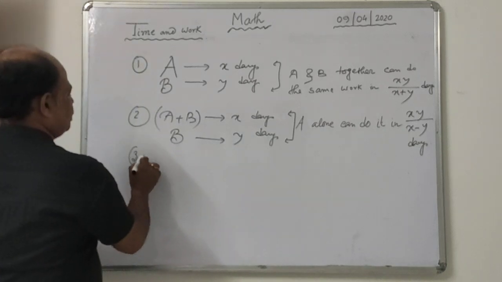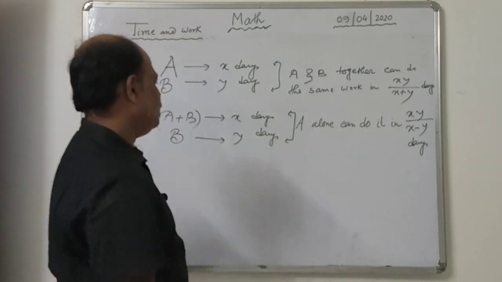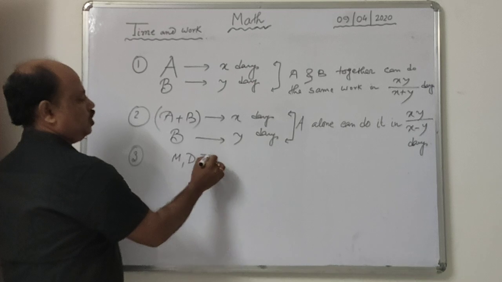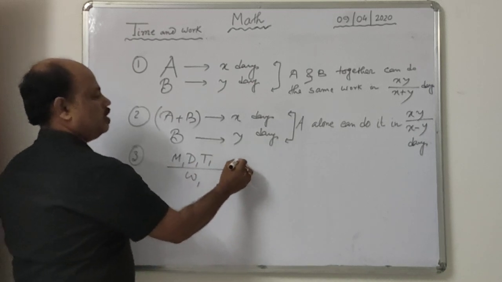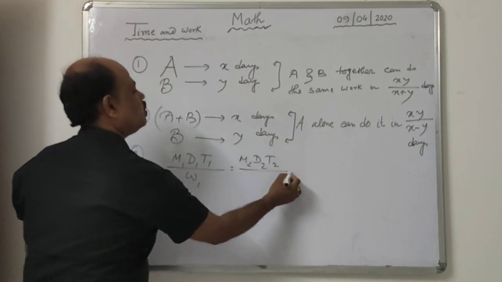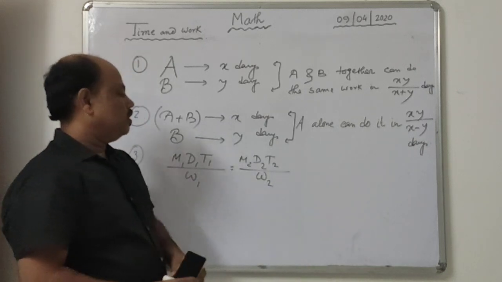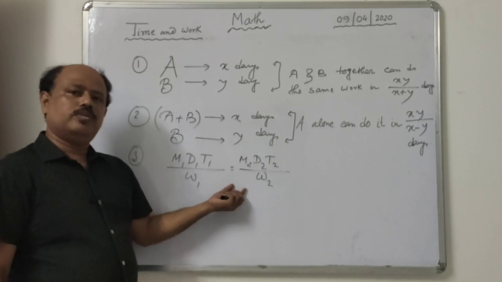And the third formula is M1 D1 T1 by W1 equal to M2 D2 T2 by W2. This formula is VVI for you.